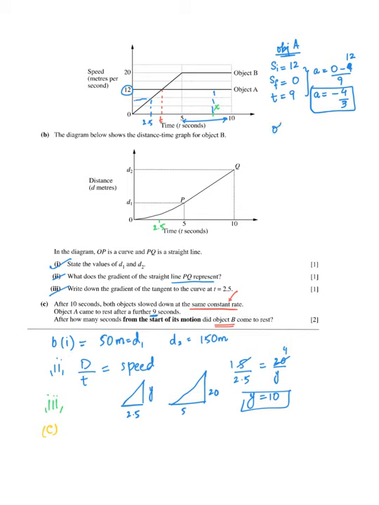Now, if I talk about object B with the same data, the initial speed of object B is not 0 because I am talking about the curve after 10 seconds. So after 10 seconds, the initial speed of object B is 20. The final speed will be 0 since it is going to be at rest.